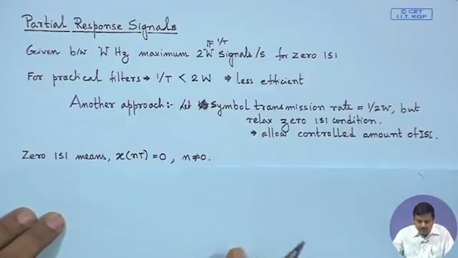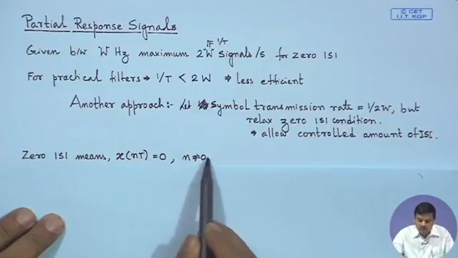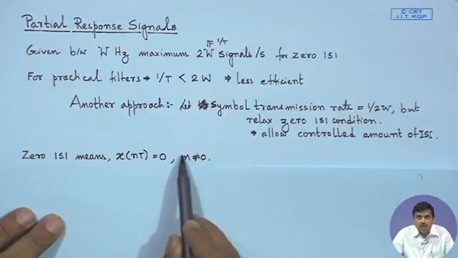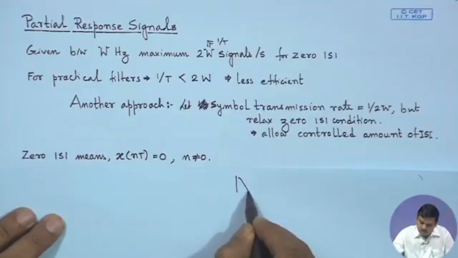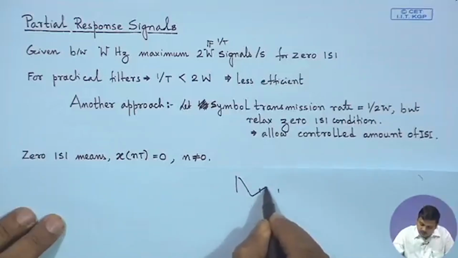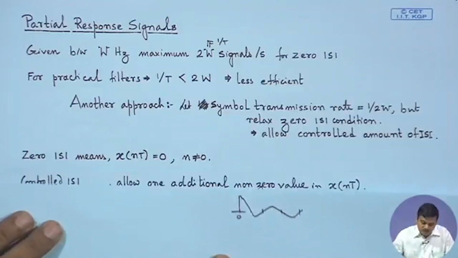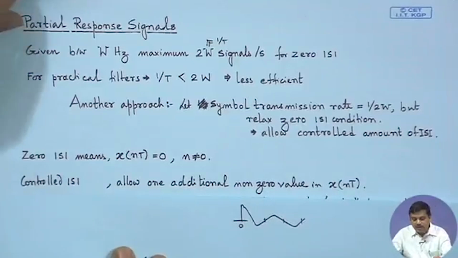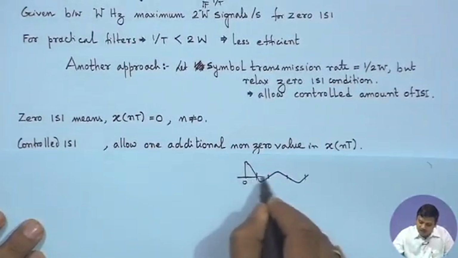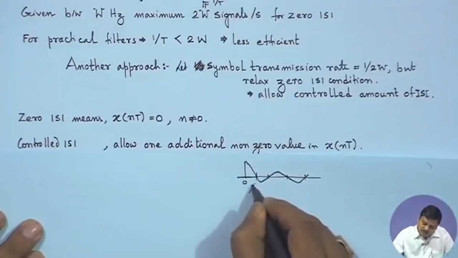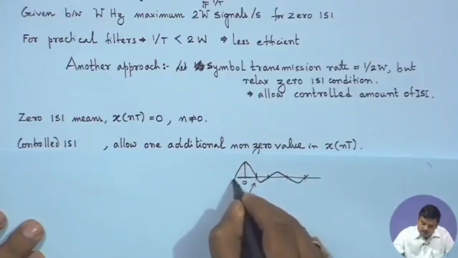0 ISI would mean that x_n(t) is equal to 0 for all n not equal to 0. That means at all positions you are going to get a 0 crossing except at 0. Controlled ISI would allow at least one additional non-zero value in x_n(t). So, instead of having all zeros, can we have a situation where there is a non-zero signal over here, or maybe a non-zero signal at some other point?